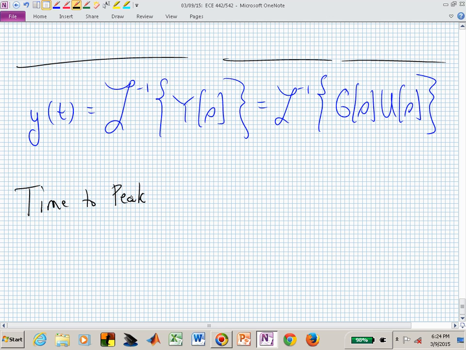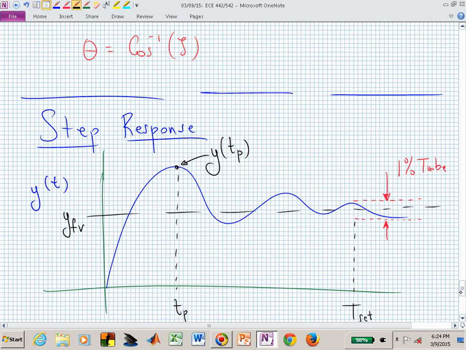When y reaches its peak, what kind of calculus operation might we use on y to identify the value of time t when we peak? We want to look at the derivative of y, and when that reaches 0, we've reached our maximum, and we really want the first time after t equals 0.